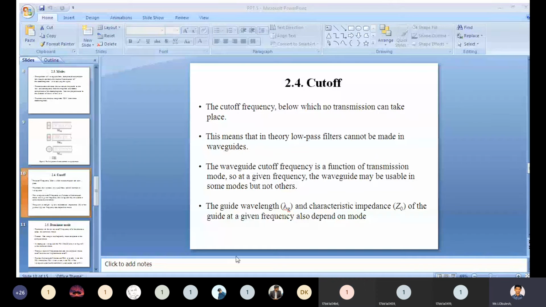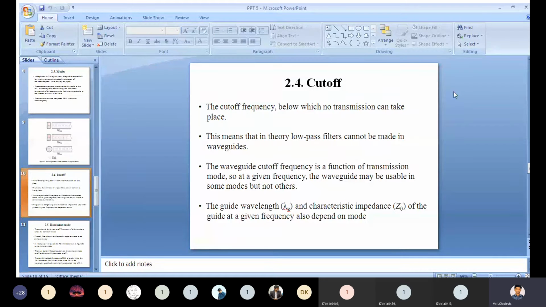2.4 Cutoff. The cutoff frequency, below which no transmission can take place. It means that another feature of this particular waveguide filter is that there is a definite cutoff frequency, below which no transmission can take place.